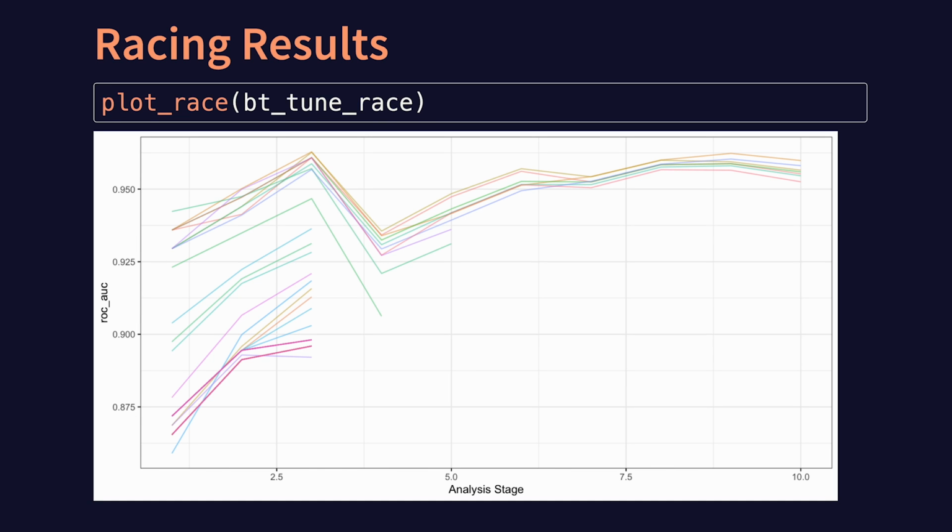We can actually look at this a different way as well using the plot race function from the tune library. And this is showing the resamples, you can think of it, that are being used as a function of our metric, which is the ROC AUC again. You can see the hyperparameters that basically fell out during these race conditions.